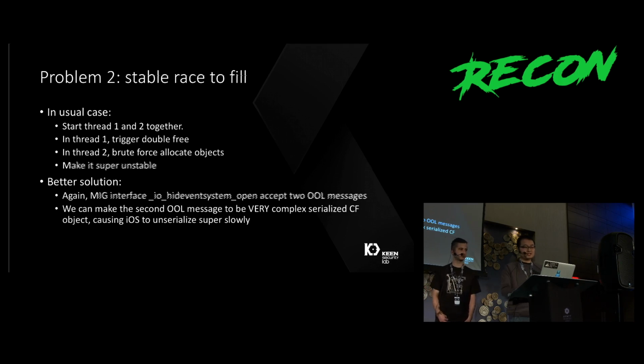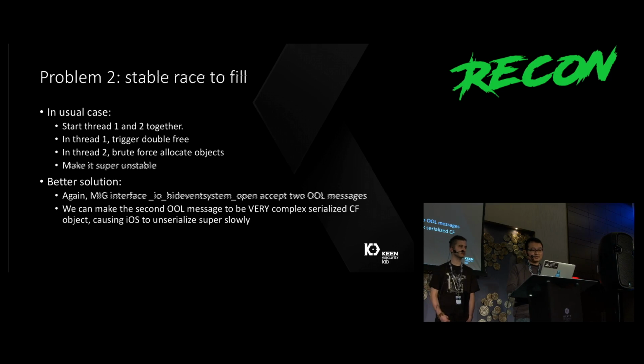And you can see that backboardd cannot crash, otherwise it is like a respring, the screen will freeze, and it will behave the same as a phone restart. So in a usual case, we just brute force allocate on one thread, and another thread tries to trigger the bug again and again, but it's not stable.